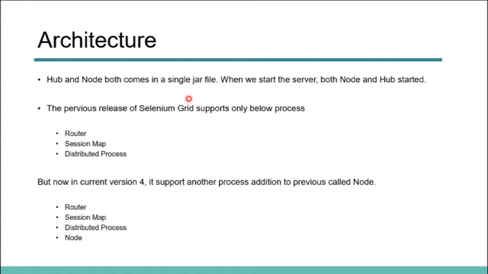When we start the server, both hub and node are started. The previous release of Selenium Grid supported only the following processes: router, session map and distributor process. But in Selenium 4, it supports one more, which is called node. It supports router, session map, distributor process and node.